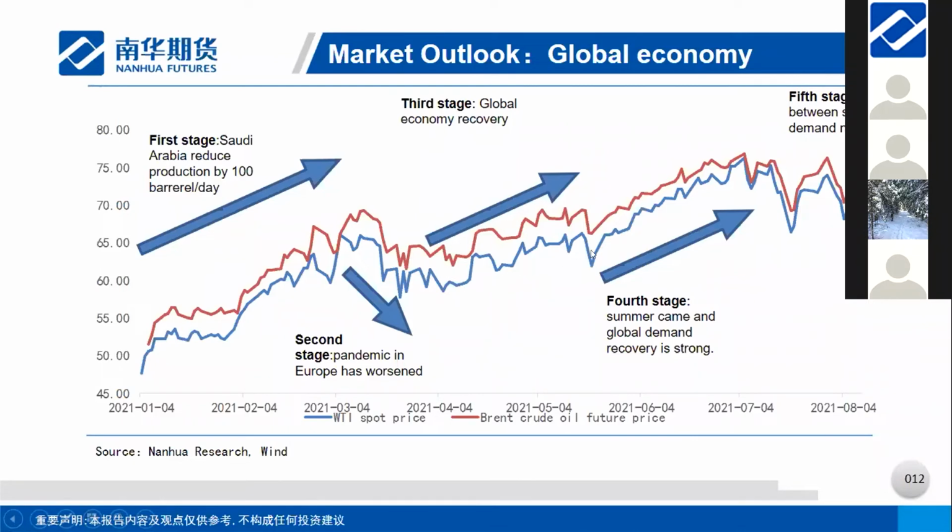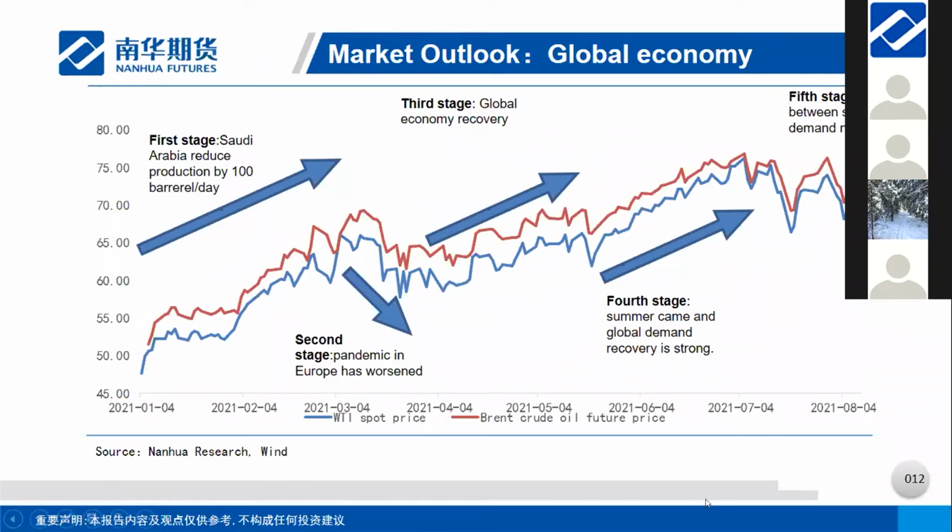to $69 per barrel. And for the fourth stage, from the end of May to the end of June, with the arrival of the seasonal demand peak in summer, the demand recovery is expected to be strong, and the inventory is lower than the 5-year average.